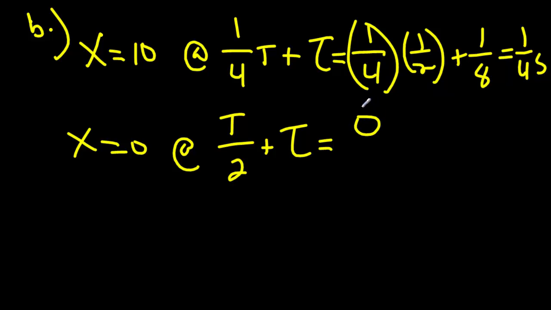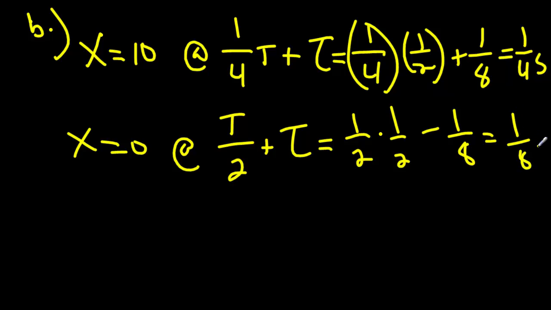This doesn't look right. All right, hold up, let me erase this. So really, it's going to be 1/2 times another 1/2, which equals 1/4, minus the 1/8, which is going to give us 1/8 seconds. All right, now the final one is C.